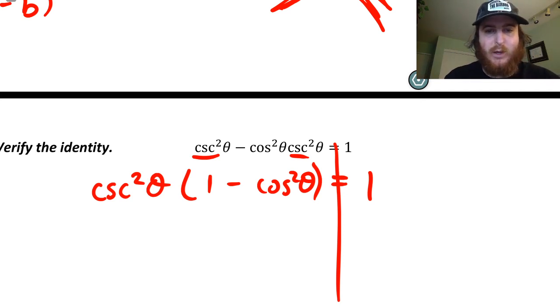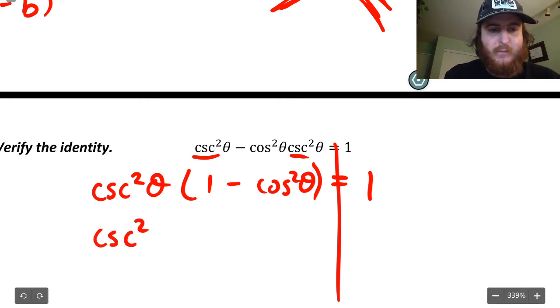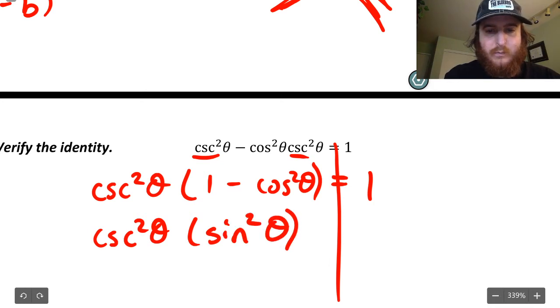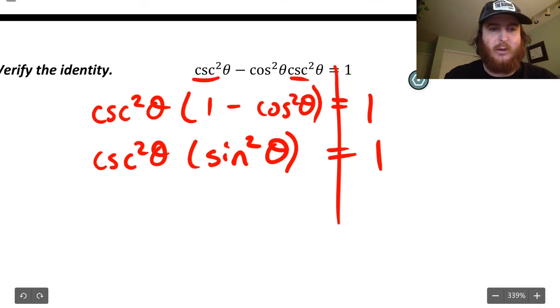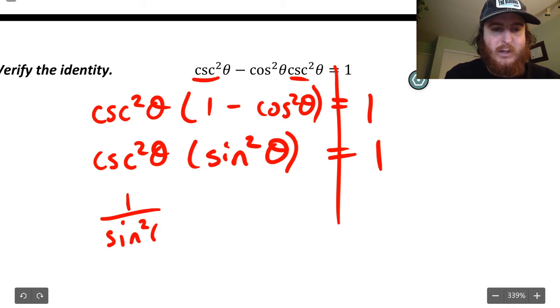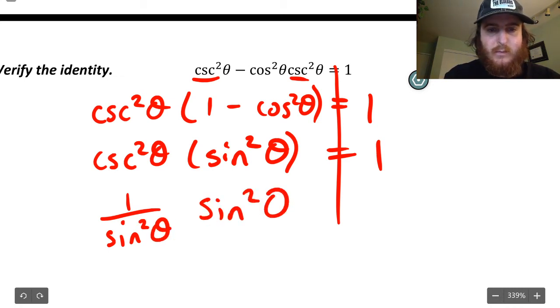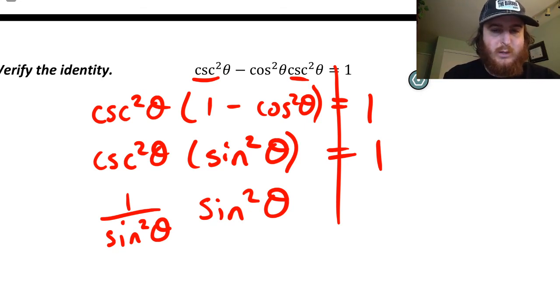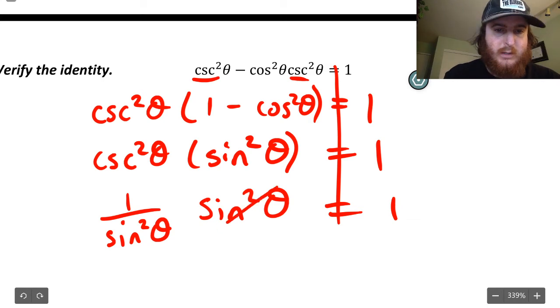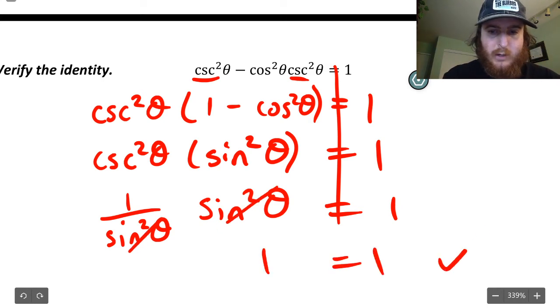If we go back up and we look at our table, 1 minus cosine squared can be written as sine squared theta. So we're going to replace that first. Now that we've replaced that, we can go to the cosecant and write that as 1 over sine. But it's not 1 over sine, it's 1 over sine squared, because we have the squared. So now these cancel out. 1 equals 1. Put a check mark.